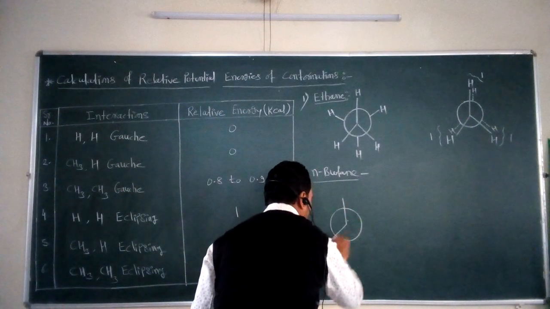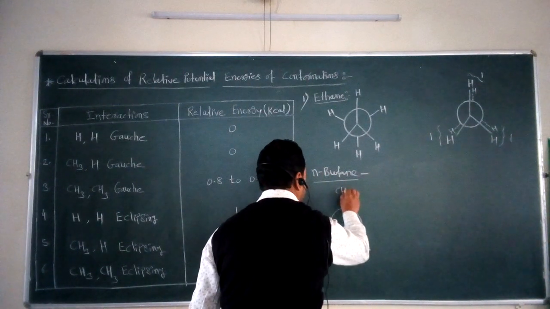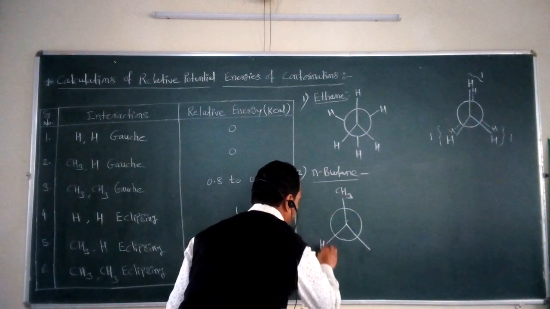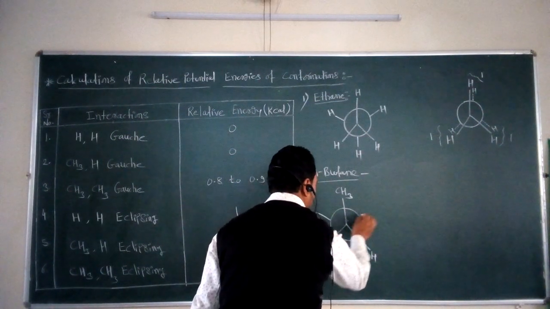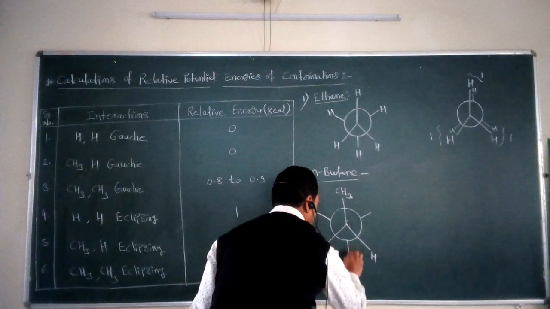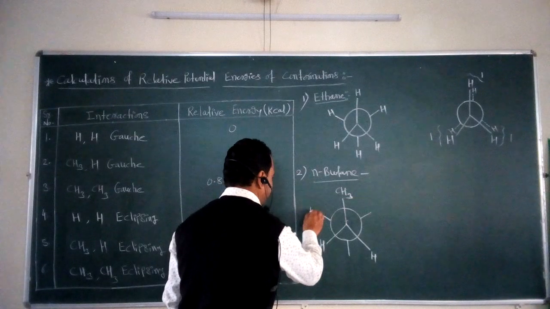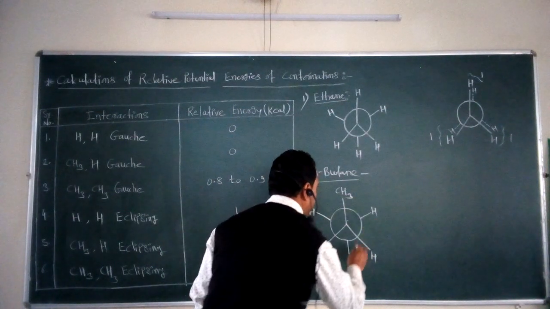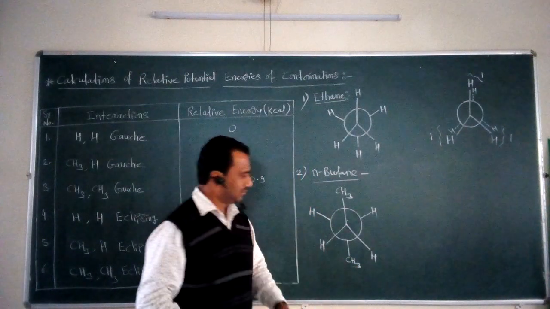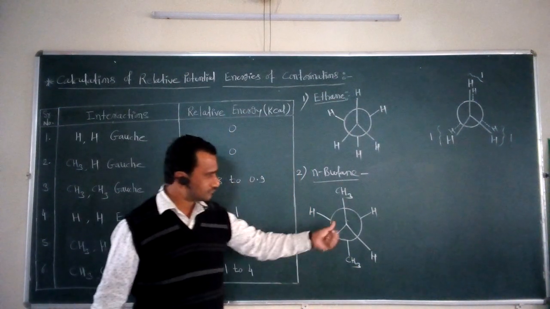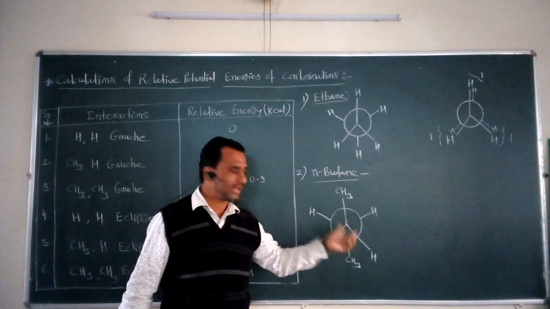We know very well how to represent this n-butane molecule in its staggered conformation, or anti-conformation. In this conformation of n-butane, the two methyl groups are present on carbon number 2, the front carbon, and carbon number 3.